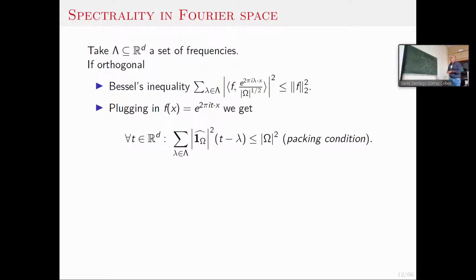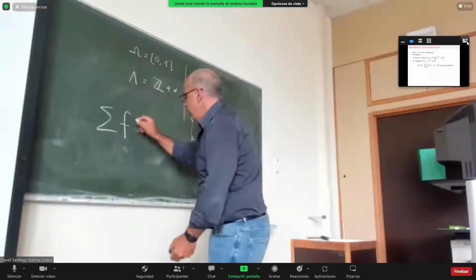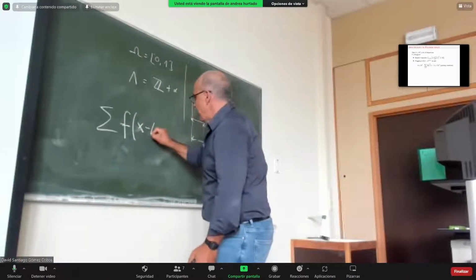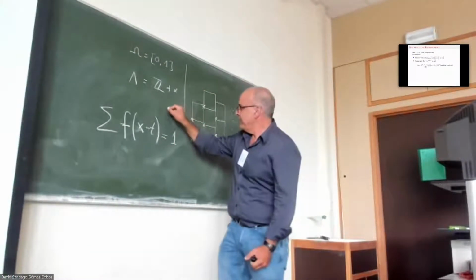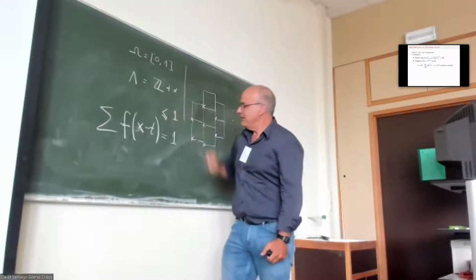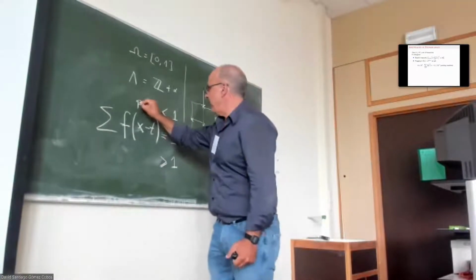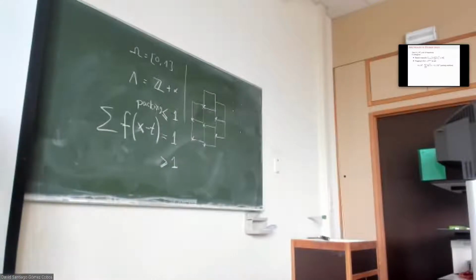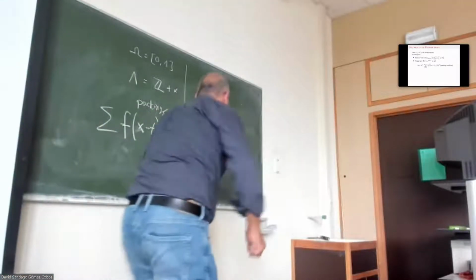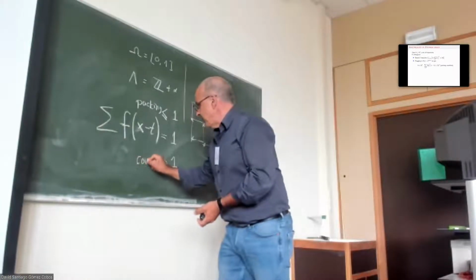So this condition, if you have a function f and you translate at the locations T, this is tiling, this is packing, and this is covering. Okay? This is packing. And this is exactly what I have over there, where f is this non-negative function, otherwise called the power spectrum of omega.